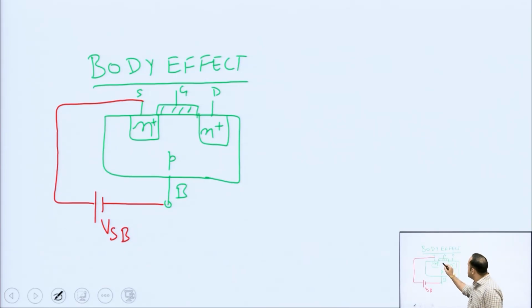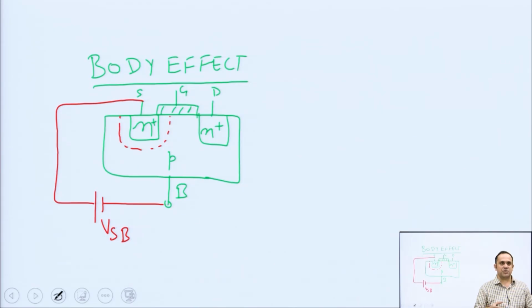So this depletion region between source and substrate tends to expand; the width increases. The intensity of reverse bias between the source and the substrate tends to increase, and when this reverse bias increases, the flow of electrons between source and drain, which produces current, goes down.